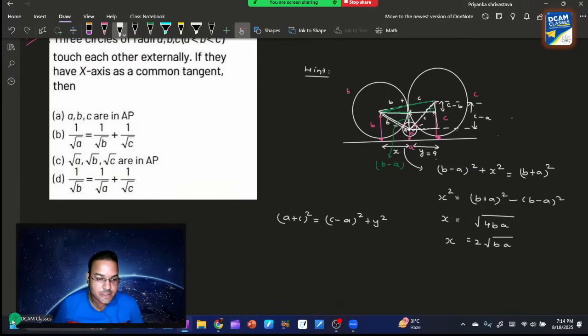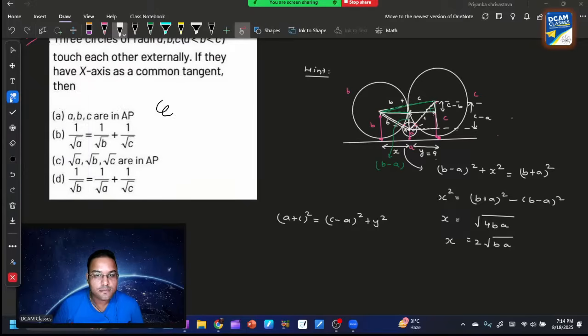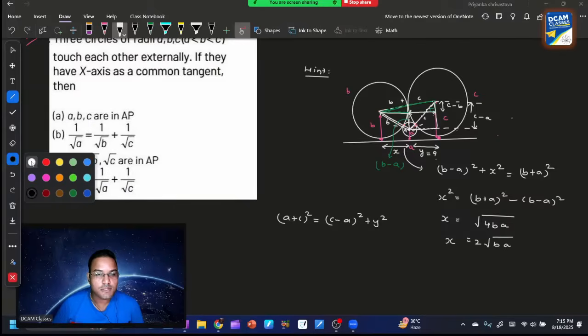Let me annotate it using this color pen, the vanishing pen. You will be able to understand better. Okay, this one.